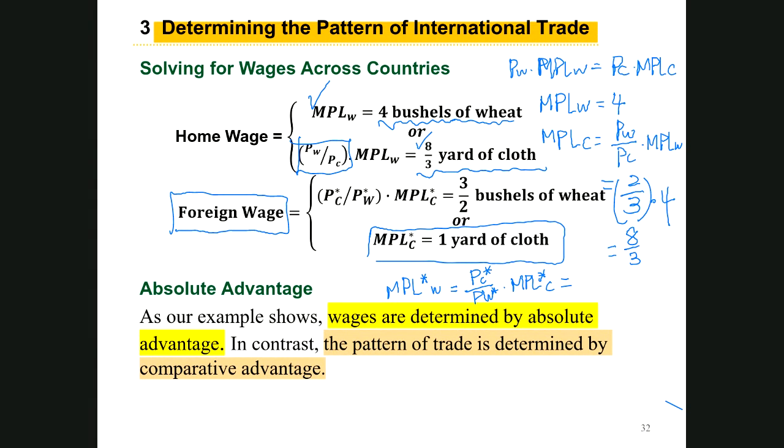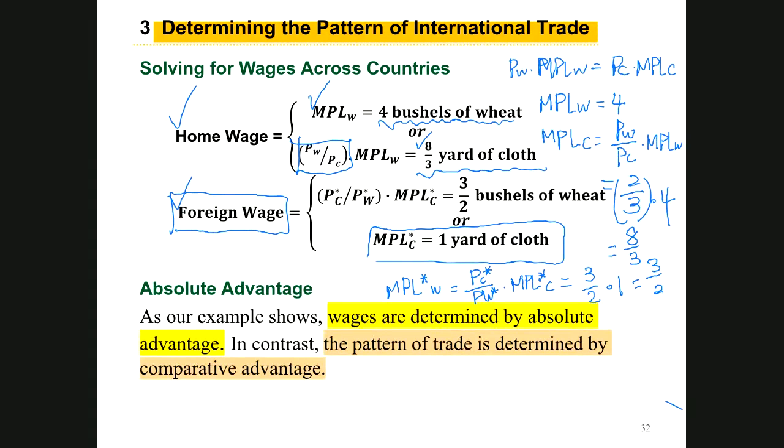PC star over PW star is the reciprocal of the PW over PC under the free trade. So that's equal to 3/2 times 1. Right? So as you can see, home country's labor, their wage is higher than the foreign country's labor's wage.